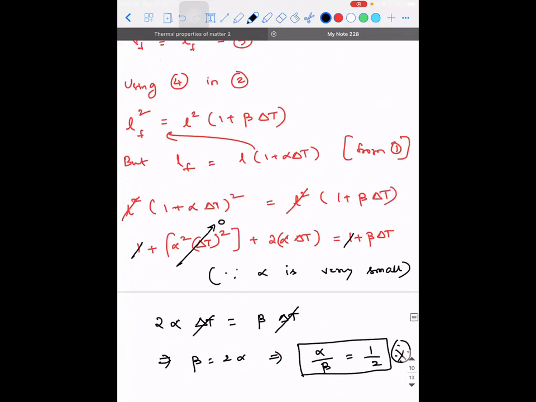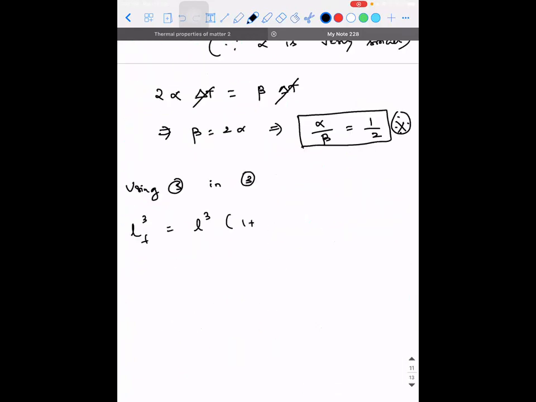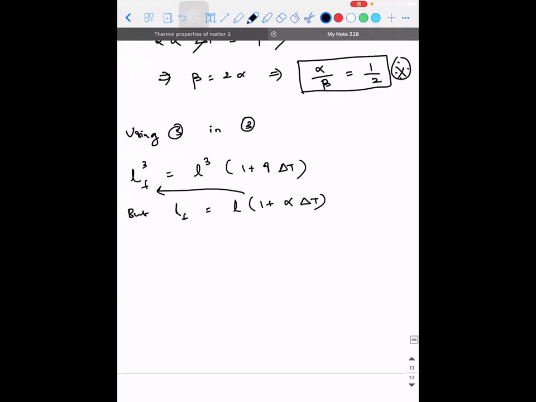LF cube is equal to L cube into 1 plus gamma into delta t. But what is LF? L into 1 plus alpha into delta t. So I will take this and substitute it here. Then it will become L cube into 1 plus alpha delta t, the whole cube, is equal to L cube into 1 plus gamma into delta t.